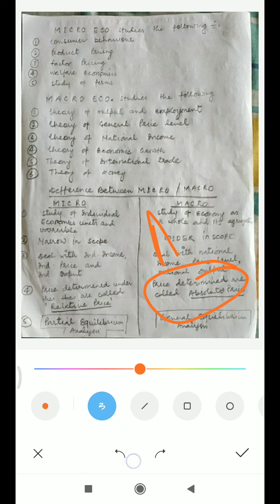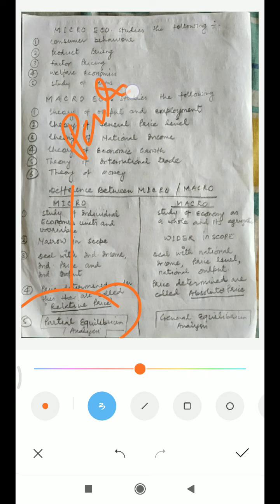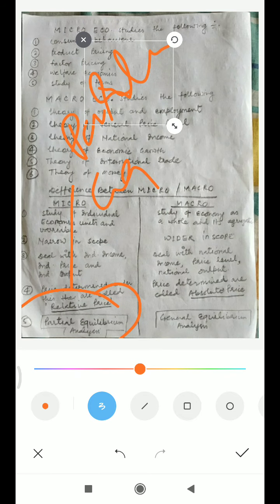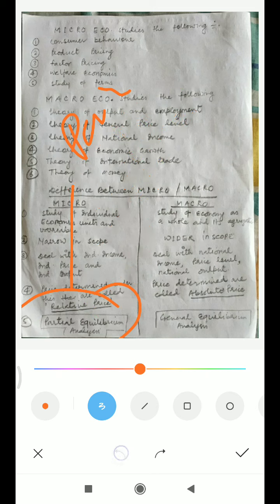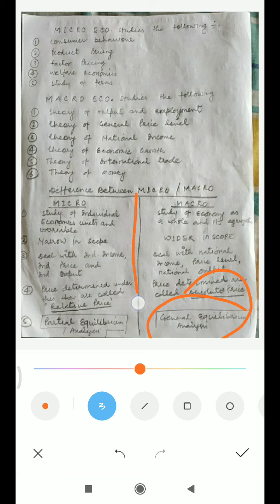Under micro, we have partial equilibrium analysis. It's the most important point of difference. You have to write all these points in the definition. And under macro it's a general equilibrium analysis. So these all are the 5 differences of micro and macro.